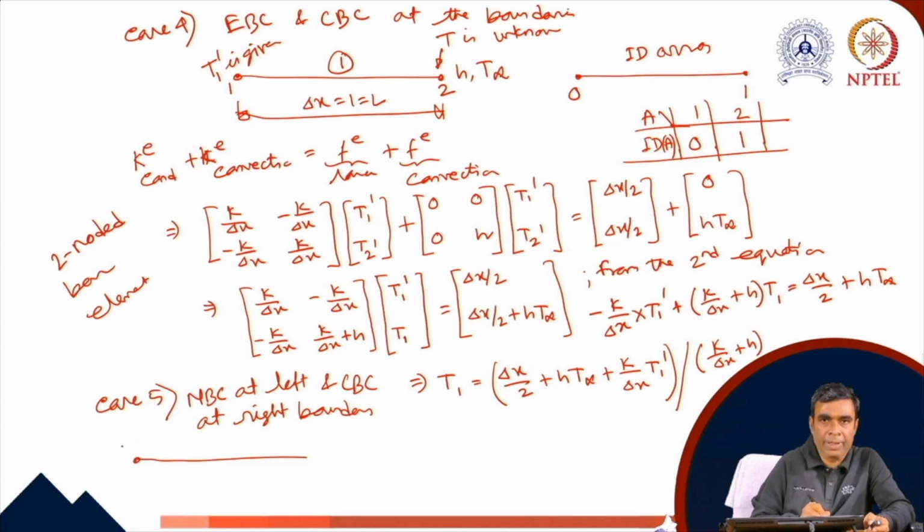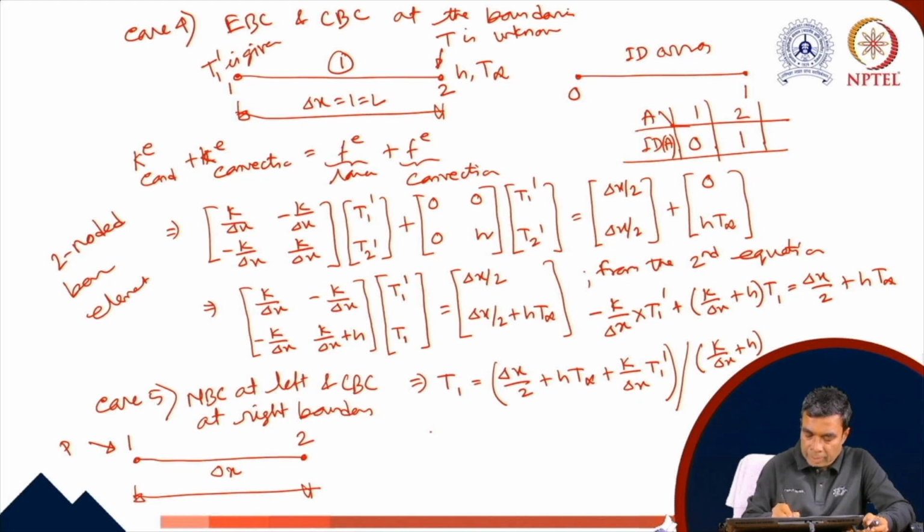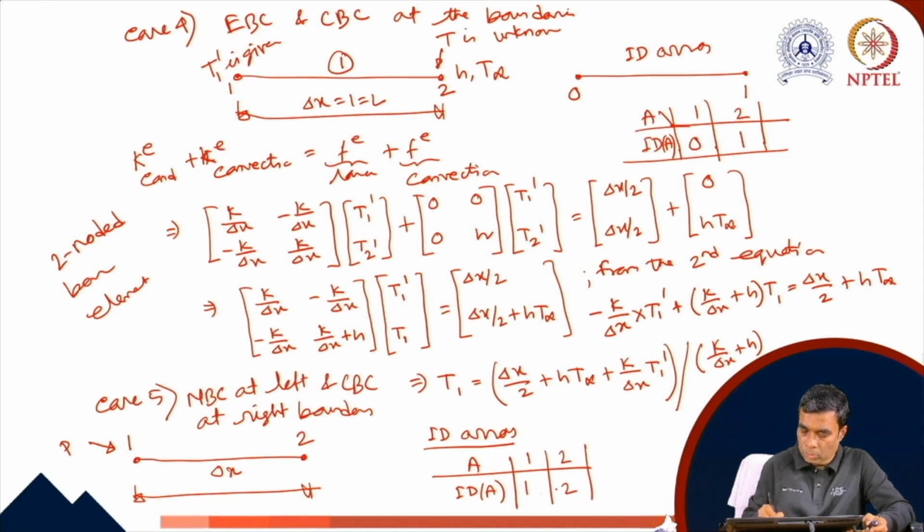For NBC, the degree of freedom is unknown, so the global equation number is 1. For CBC, the degree of freedom is unknown, so the global equation number is 2. Now, this is the mesh size, delta X. So our ID array, A versus IDA, is 1, 1, 2, 2.